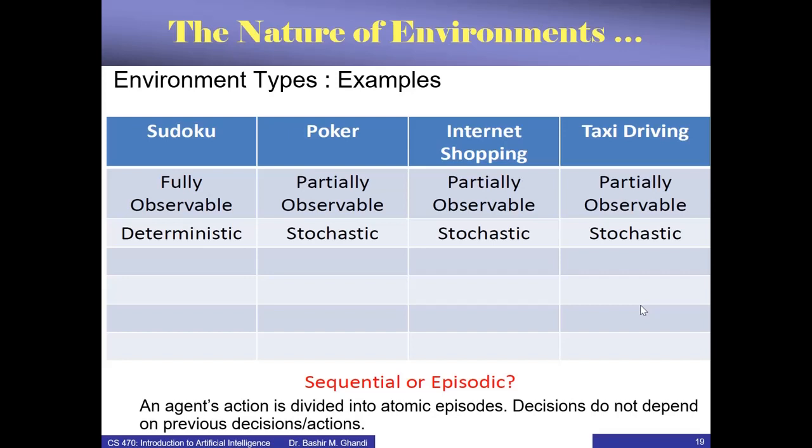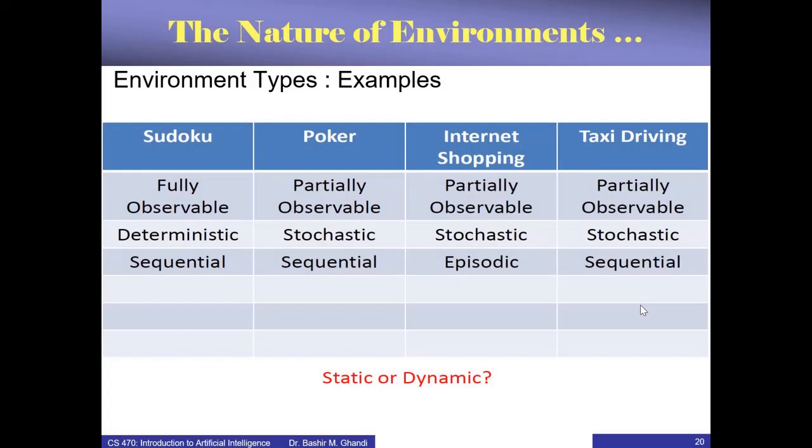It's a continuous process that you cannot even break into steps that have to be followed. It's a continuous thing, so it cannot be episodic, it is sequential. So this is the answer for that. Sudoku is sequential, poker is sequential, taxi driving is sequential, only internet shopping is episodic.